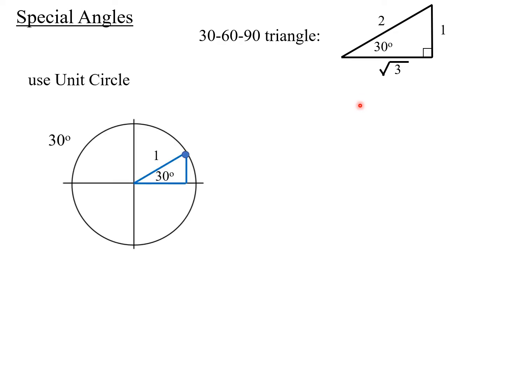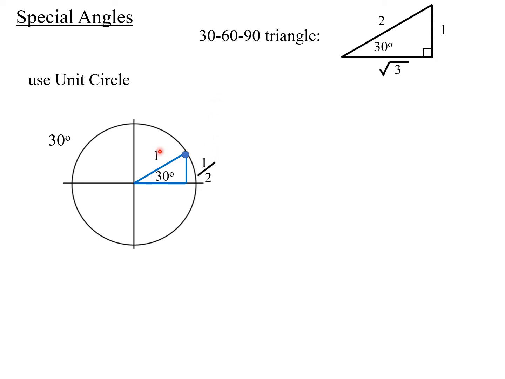Now, let's apply this to a unit circle with a 30-degree angle in here. Remember, the unit circle has a radius of 1, and that would make the hypotenuse of this 1. Looking up at our 30, 60, 90, the short leg is half the hypotenuse, and so here, the short leg will be 1/2.